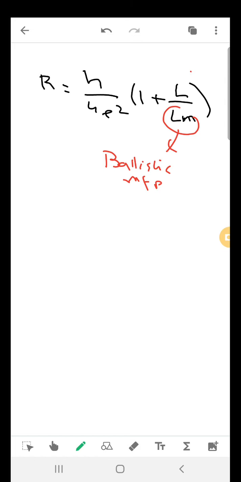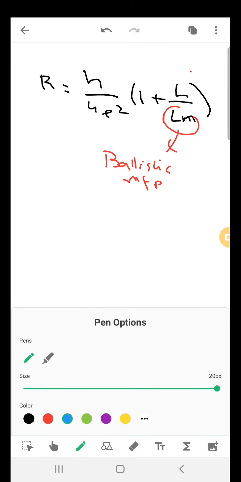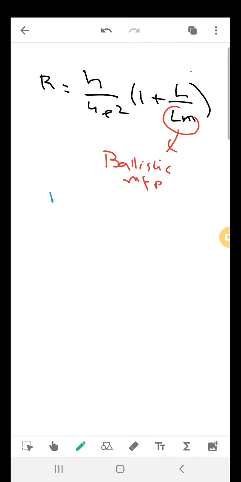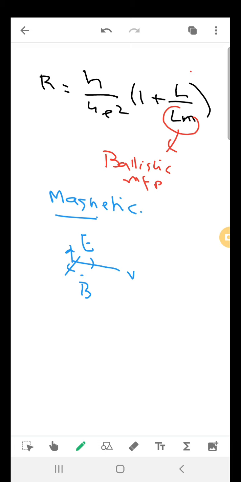Now, what happens when we apply a magnetic field? So there is always an electric field present. On application of a magnetic field, as you know, it can produce a Hall effect. So this is the motion of the electron, say V. The electric field is already present, and we apply a magnetic field as well. So the three of them are perpendicular to each other.